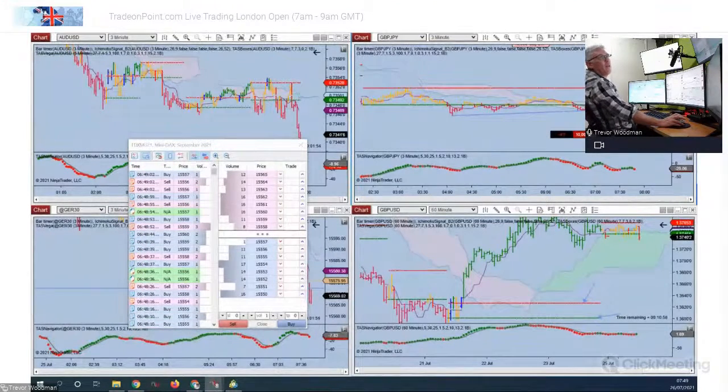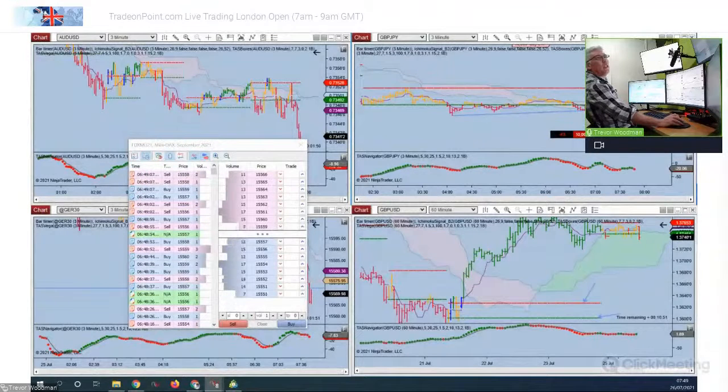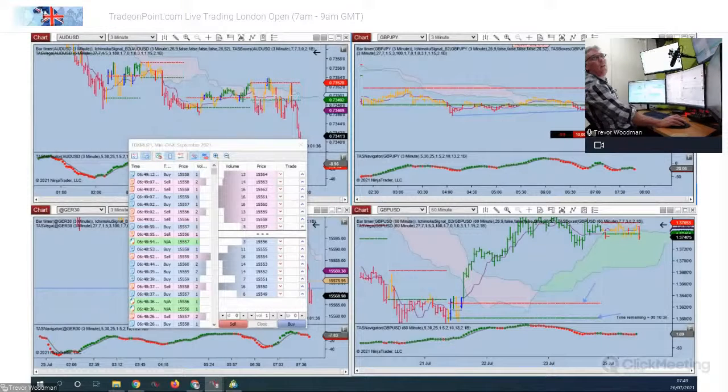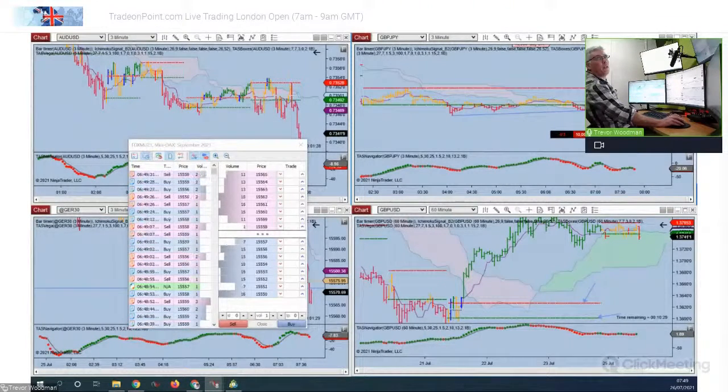We'll go to break even, or I'm going to break even. And then I'm going to see if I can take it all the way down to 150 even. No, sorry. I'm going to go 149.35. So if that works out, that's going to be a hell of a trade.